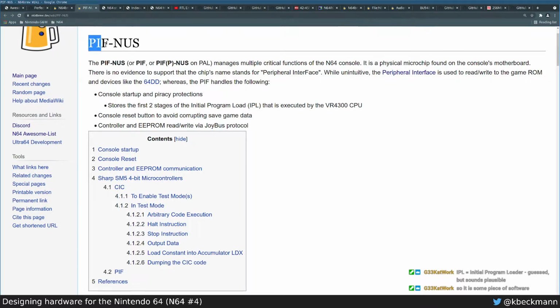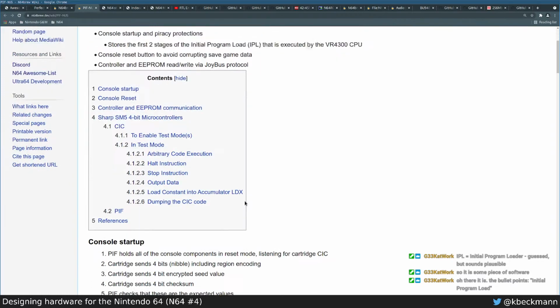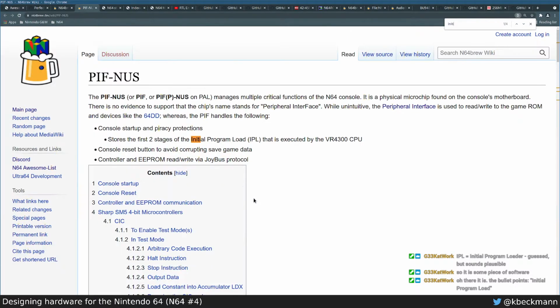And there's actually an open source FPGA implementation replacement of this chip that doesn't do CIC, so that you're able to boot your Nintendo 64 without having to bypass the CIC or emulate the CIC chip on the cartridge, which is kind of cool. Initial program load. Okay, cool. All right, it says here. I'm blind. So that's really cool.